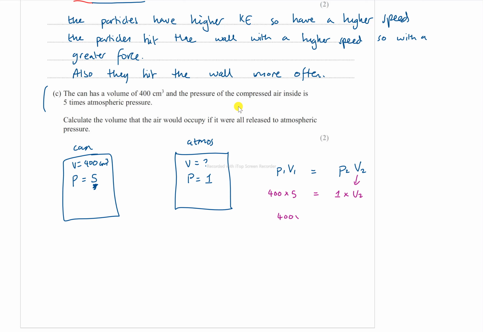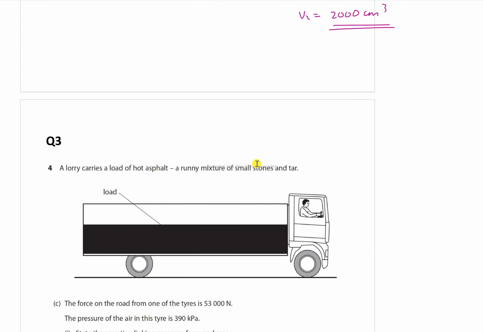So 400 times 5 divided by 1 equals V2. So V2 equals 2000 centimeter cubed. That's it. How easy was that?